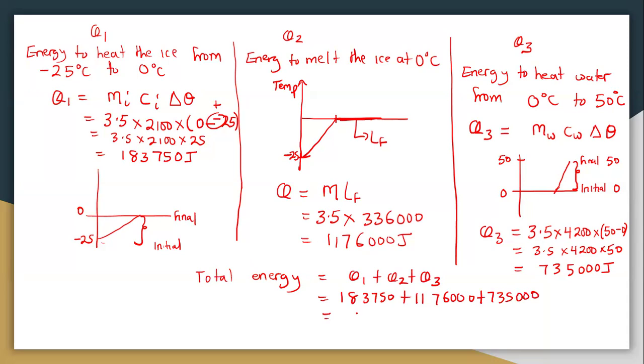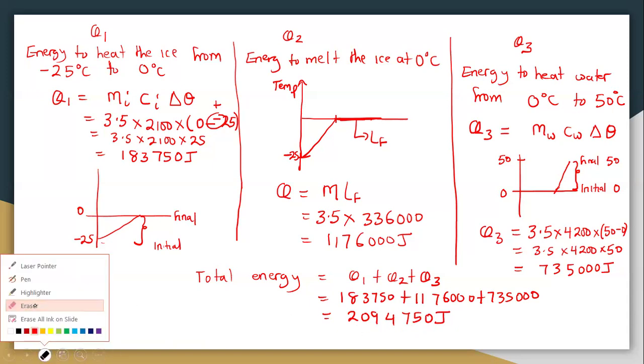So our total heat energy, when you add, you have 1,036,350 joules. So that is our total energy required for the whole process in order for our ice to turn from ice to liquid at 50 degrees Celsius. So that is how you can approach such a number.